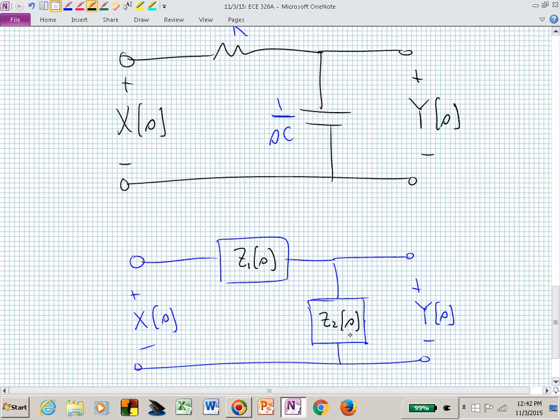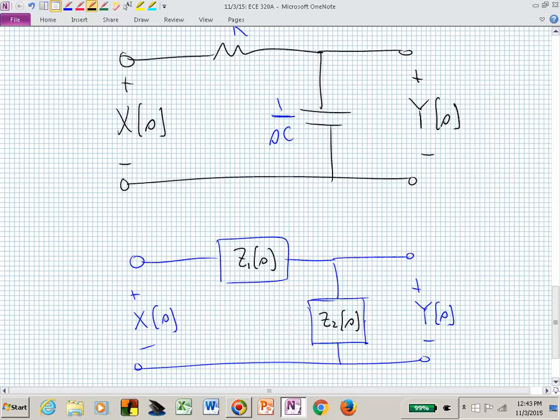And those could be much more general than what I've indicated here, but now for those particular values, Z1 is just R, and Z sub 2 is 1 over SC, but now I can treat those Z's like I treated resistors in 220, except now my resistors are a function of S. Not a problem.